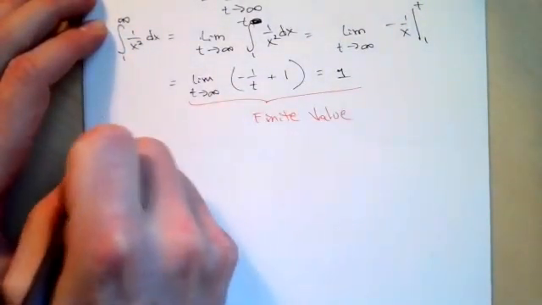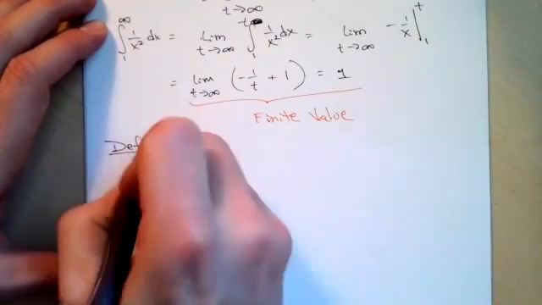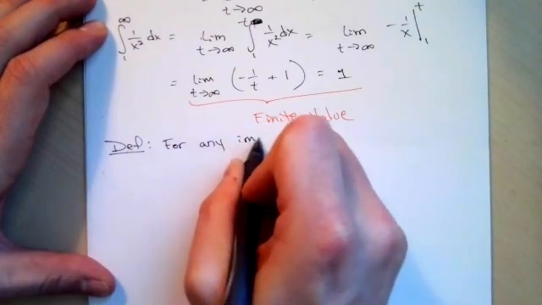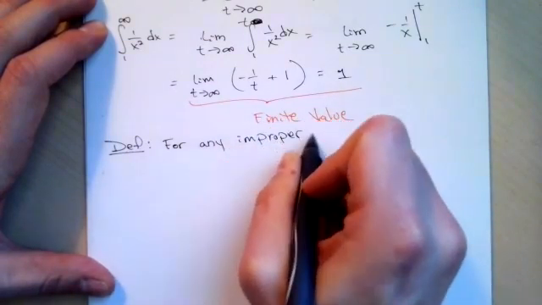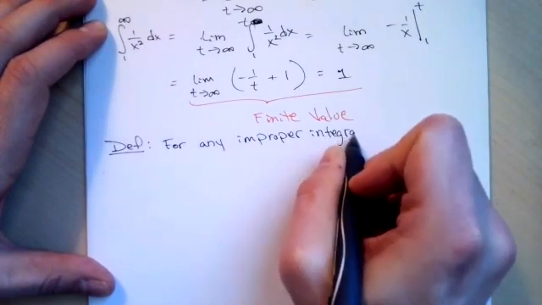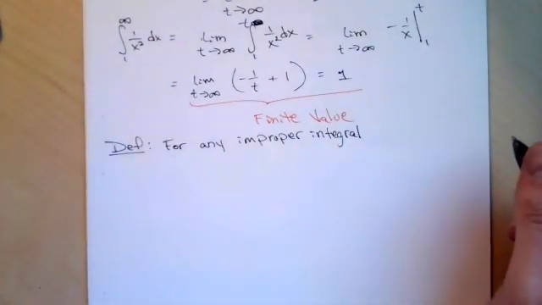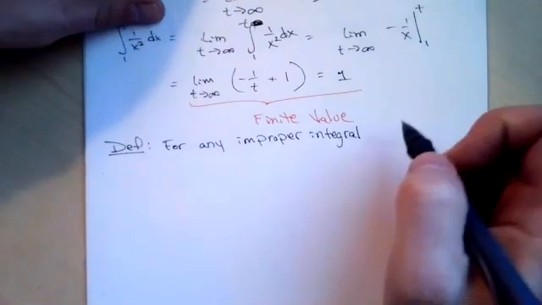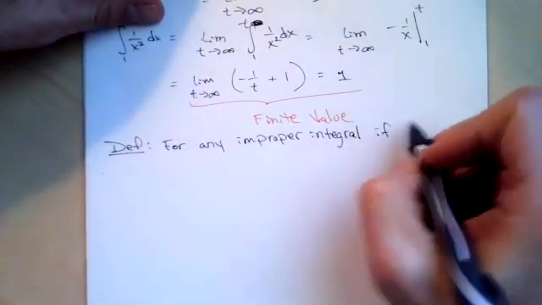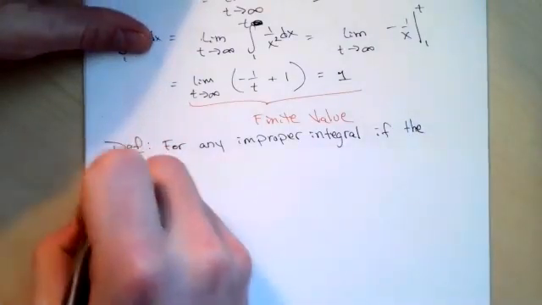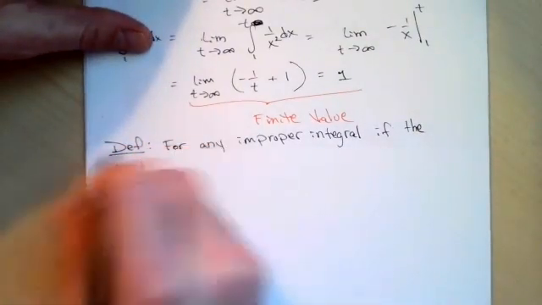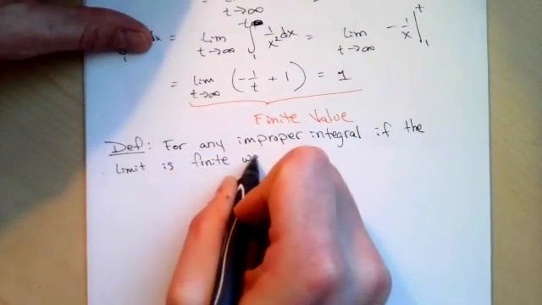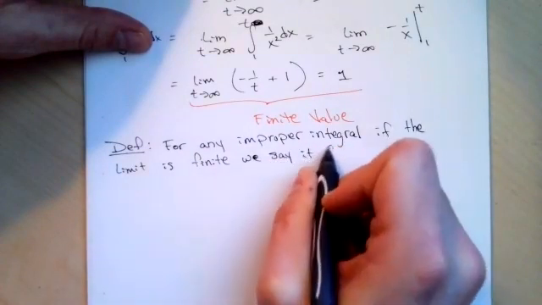So our definition. For any improper integral, there's two types, and it doesn't matter which type, whether it's an integral to infinity or an integral over asymptotes. We'll see examples of both. For any improper integral, if the limit is finite, we say it converges.